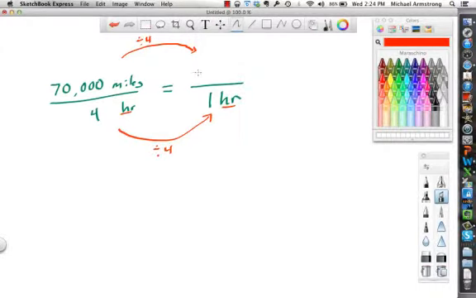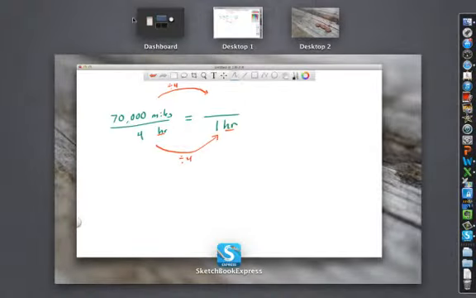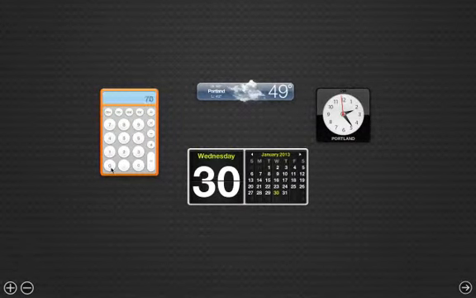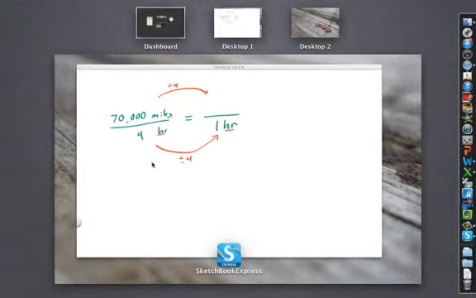And 70,000 divided by 4, we're going to go up to our dashboard real quick. Do a quick calculator. 70,000 divided by 4, and just to see what we get, it's 17,500. So 17,500 is our answer.